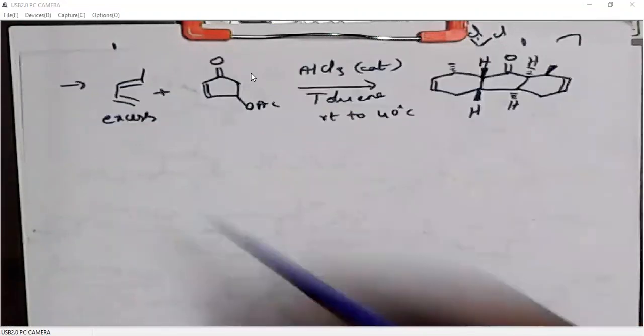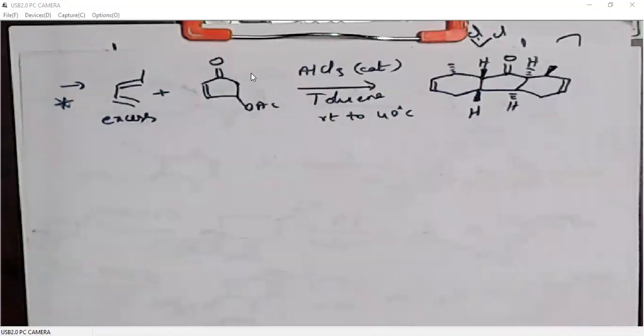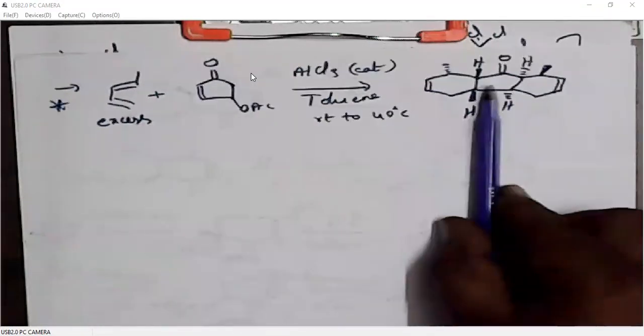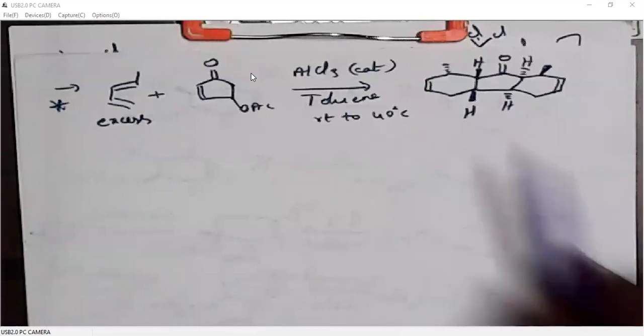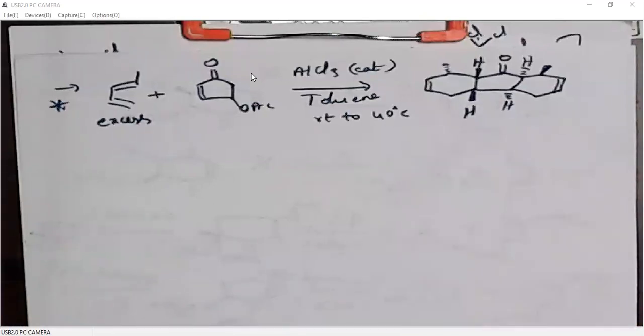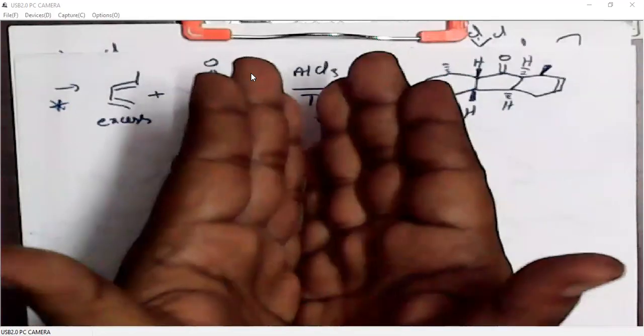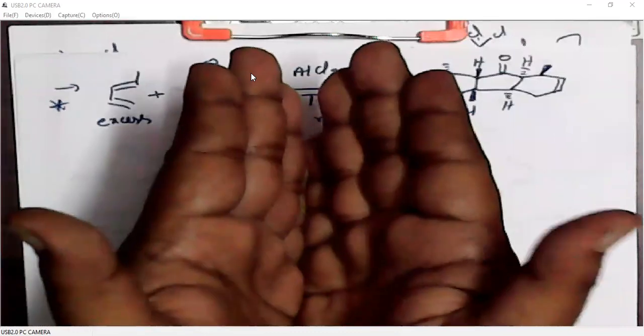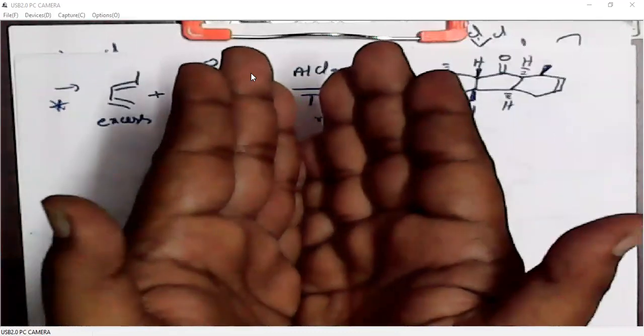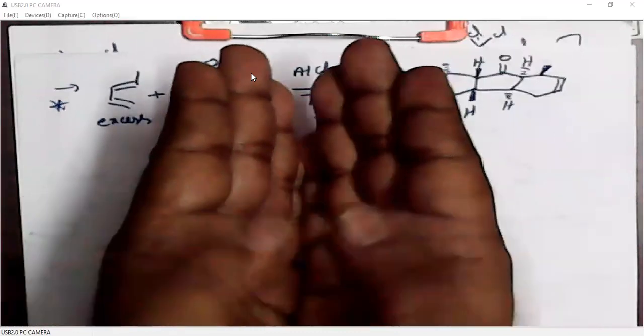Okay, so it's an important bit. See, already we have two rings. Because these two rings are very close together, we will have steric crowding. So another ring cannot approach these two rings from this face.